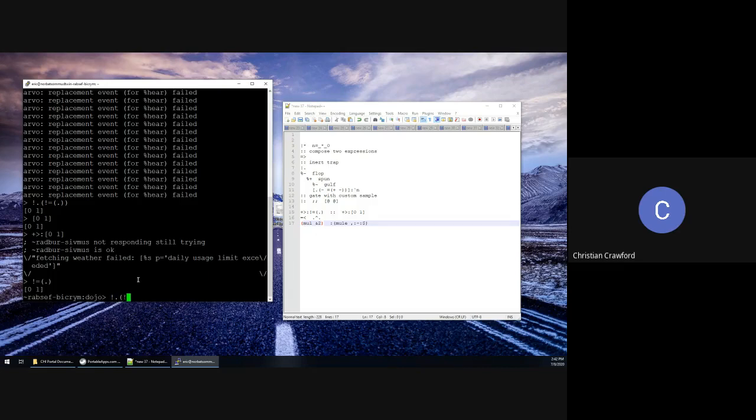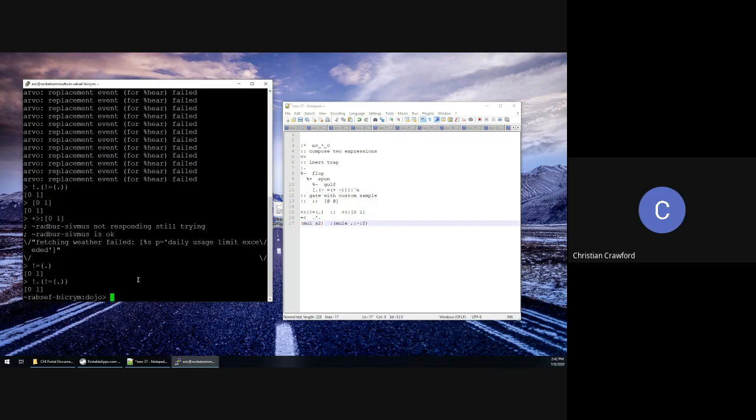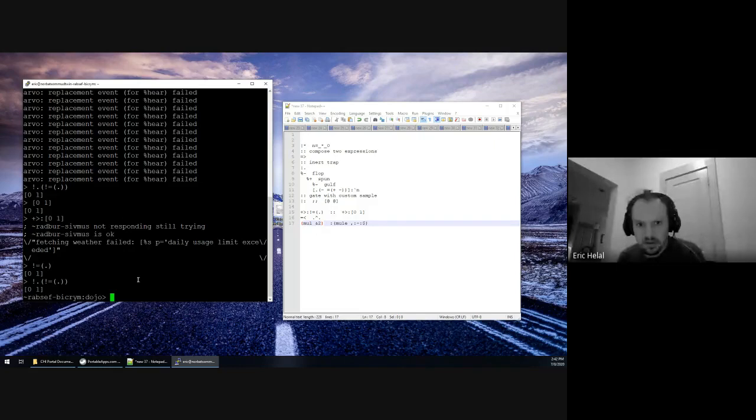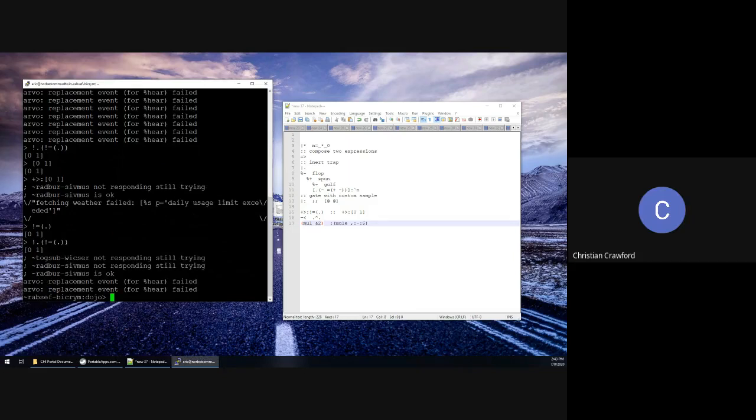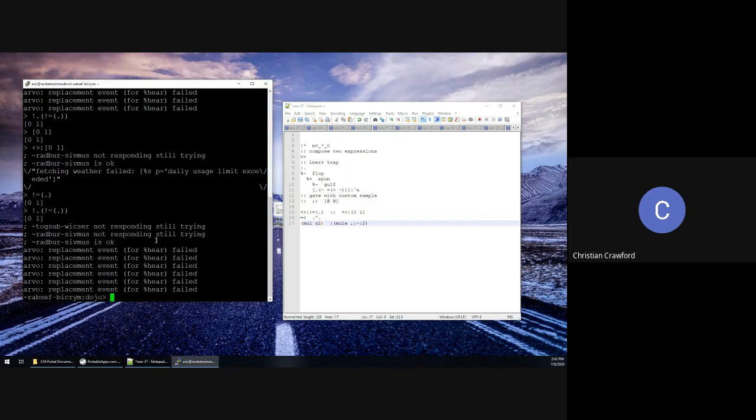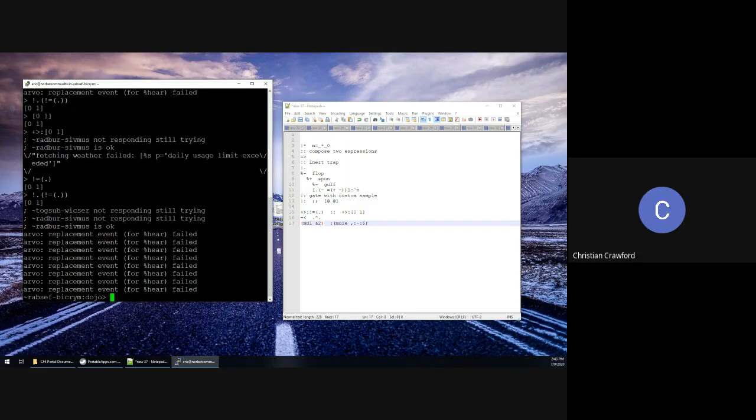Gotcha. They do produce the same thing in Dojo. I'm a little confused by that. It might be different as a generator.